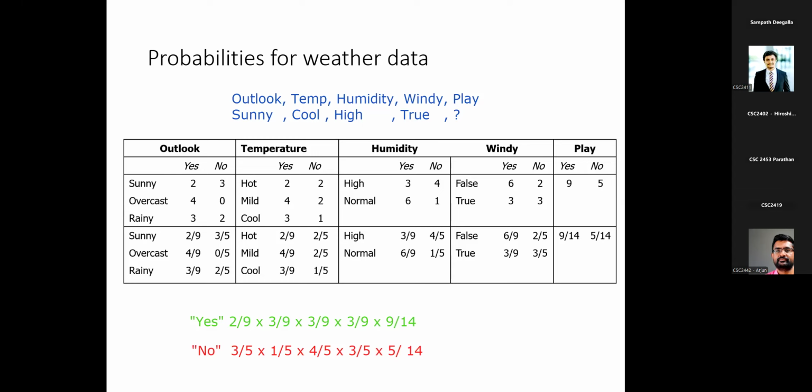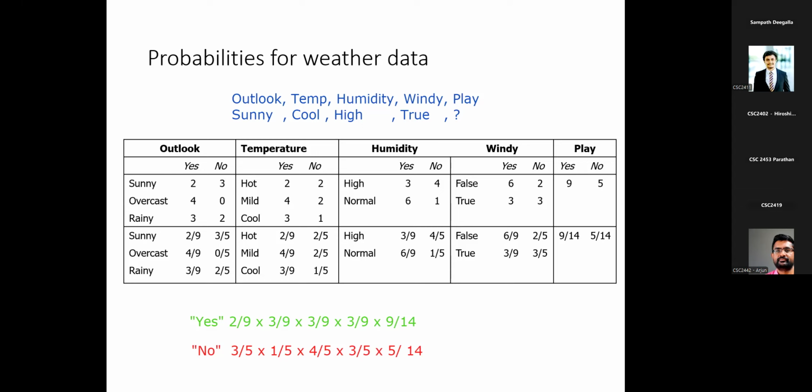And when you do this, what you will notice is that the values you are getting from here will not add up to 1. So for example, in my previous case, if you calculate the values, what are the values you are getting?